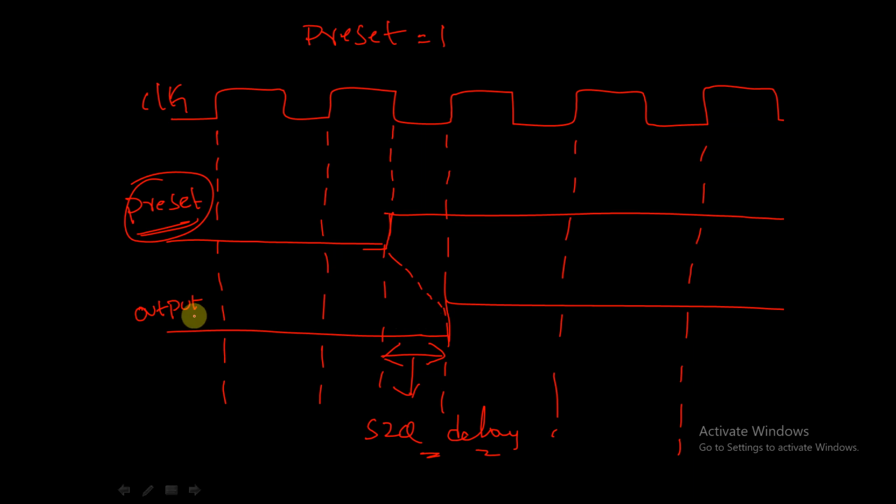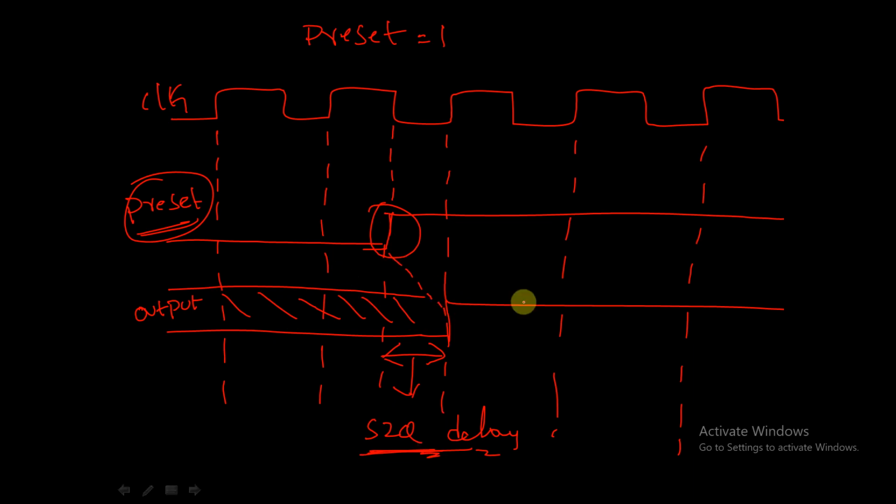We don't know the output previously, but after applying the preset signal, the time it takes to come into the set state is called S2Q delay. We don't know the state of the flip-flop, but after applying the asynchronous preset input, the time the flip-flop takes to produce the output is called S2Q delay.